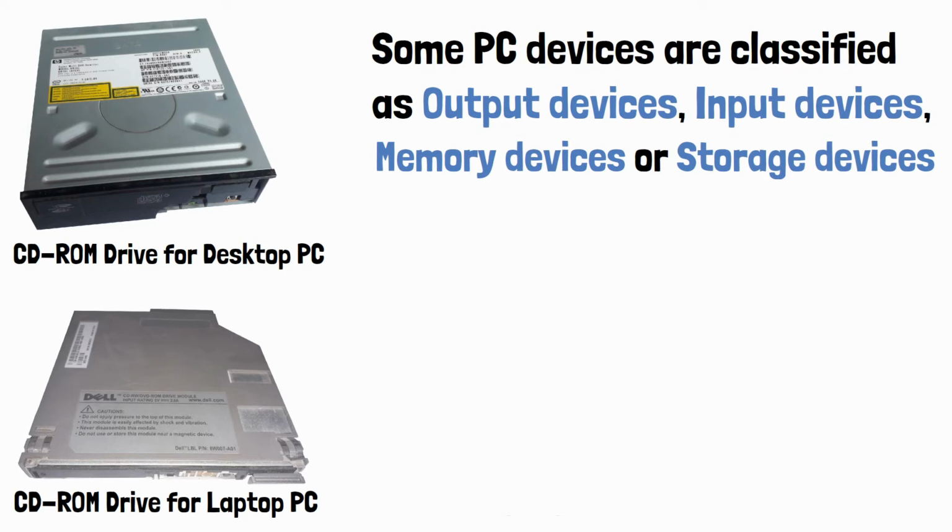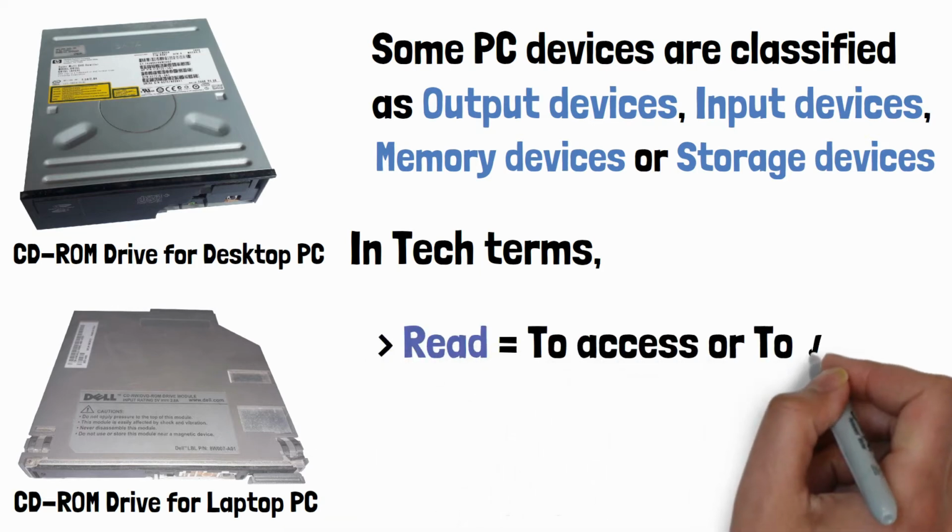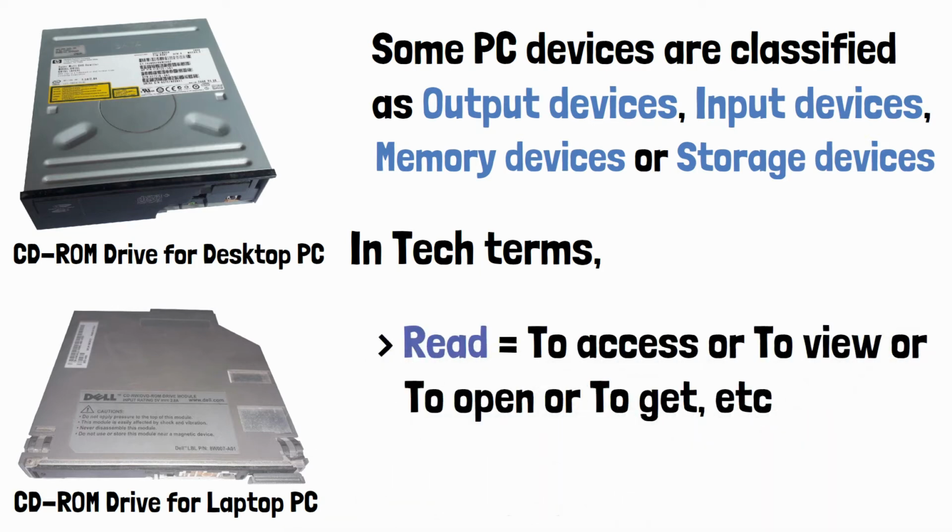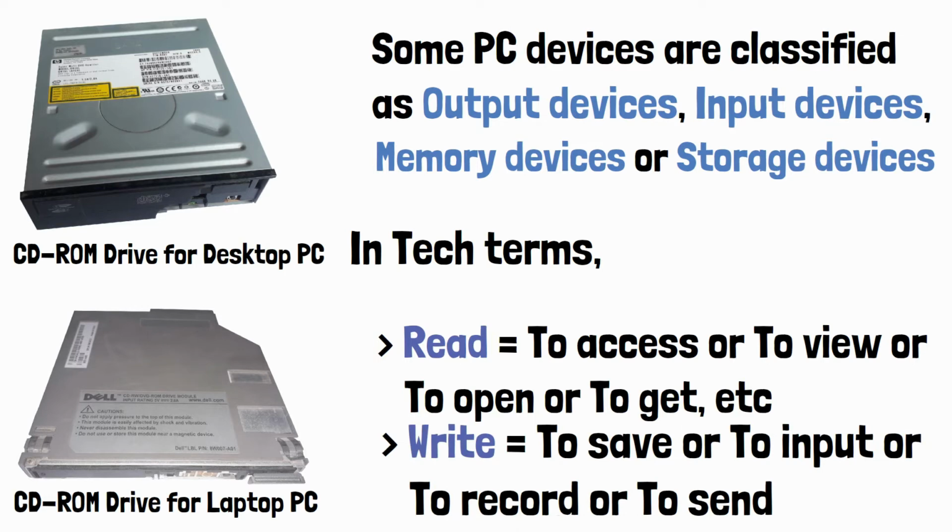See? Input or output. Yeah. To input or to output. Very simple, isn't it? In computer terms, the word read simply means to access or get or take information, while the word write means to save or record information.